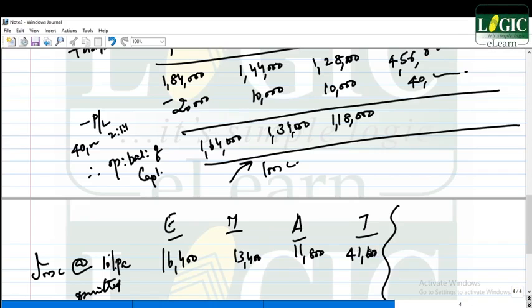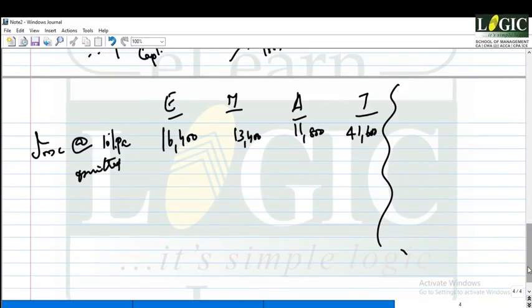Now, which was the other item omitted? It was interest on drawings. I told you, just as interest on capital is payable by the firm to the partner, interest on drawings is payable by the partner to the firm.